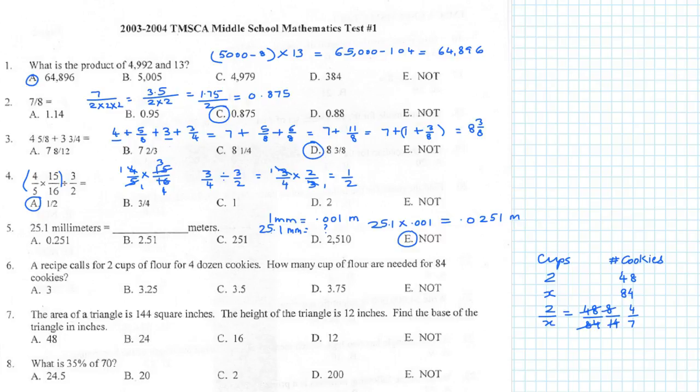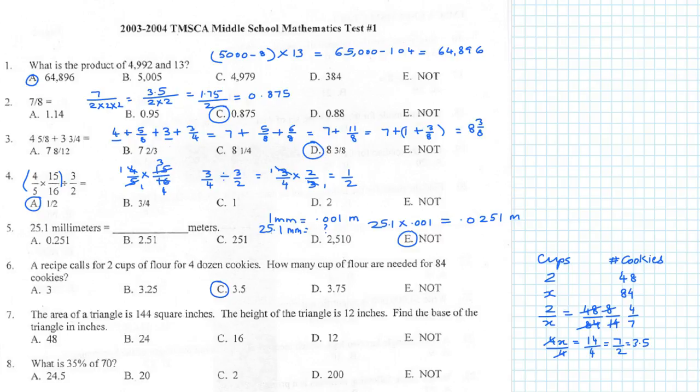We can now cross multiply. So X times 4 is 4X, and 2 times 7 is 14. So we can divide both sides by 4, and 4 and 4 cancel. So X is equal to 7 divided by 2, which is 3.5. So we need 3.5 cups of flour in order to make 84 cookies. So answer C is the correct answer.